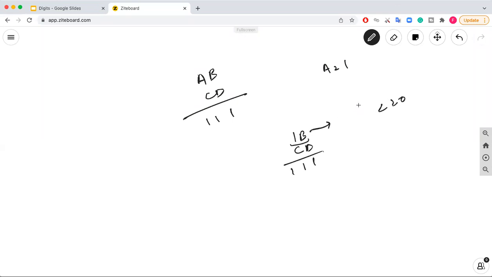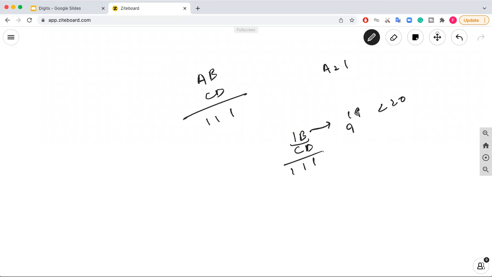Considering the maximum value, for example 19, just consider 19 for the time being. What could be the value of CD so that we have a 3-digit integer? In that case, C must start with 9, but all of these digits are distinct, right?